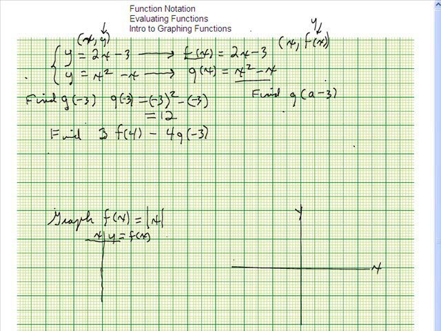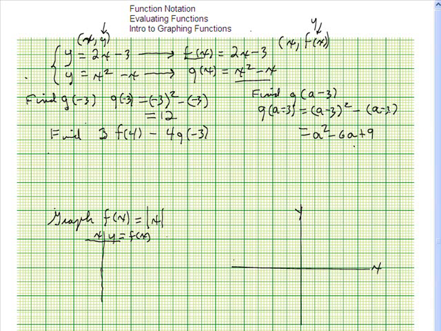What if you plugged in something complicated for x? If I ask you to find g of a minus 3, you'd start off the same way. You'd have g of empty hole equals empty hole squared minus empty hole. And this time you'd put a minus 3 in the empty holes. So as I square this first a minus 3, I get a squared minus 6a plus 9.